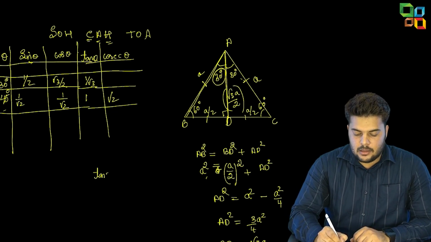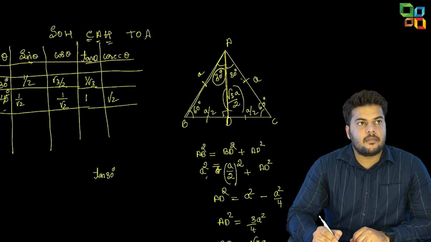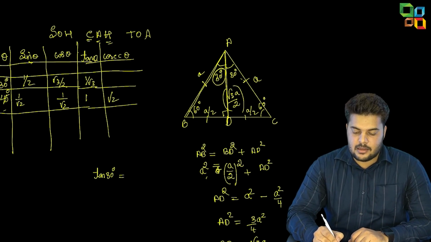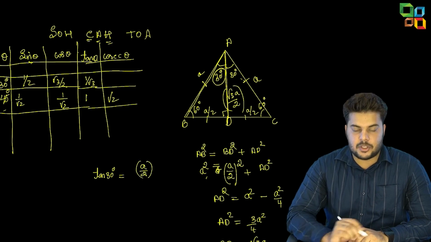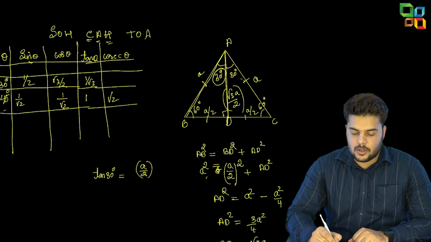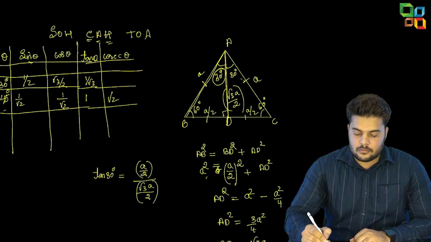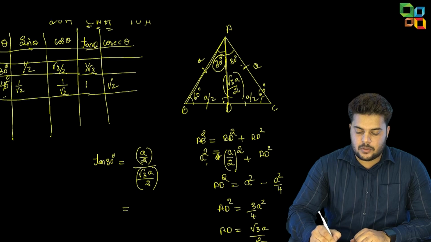Tan 30 is. I wrote it correct, but while typing, I messed it up. Okay. So tan 30 is the length of the opposite side, which is a over 2, divided by the length of the height, which is root 3 by 2a. Now these are fractions, you know how to deal with them.